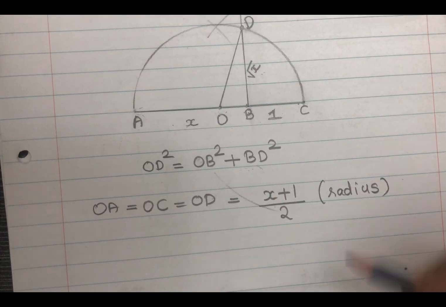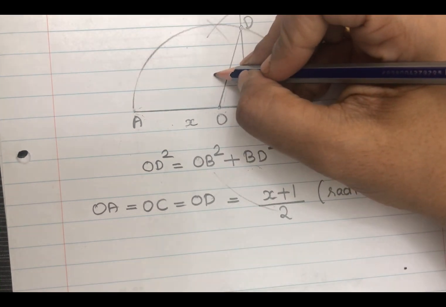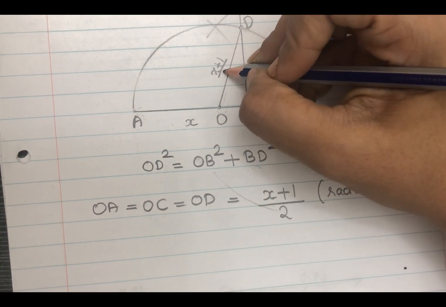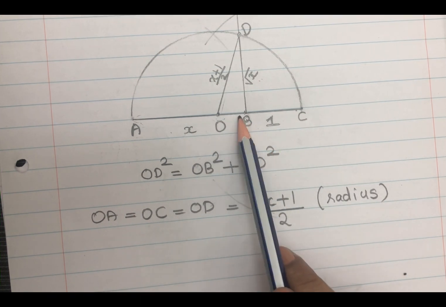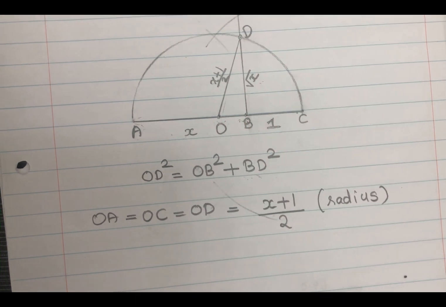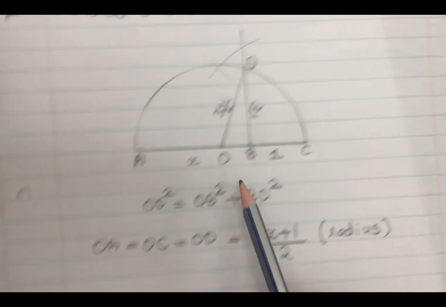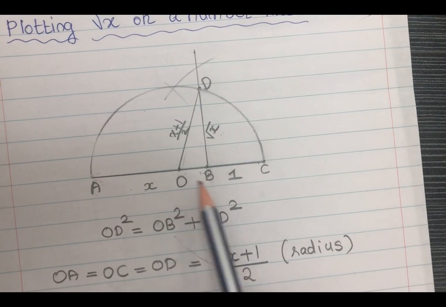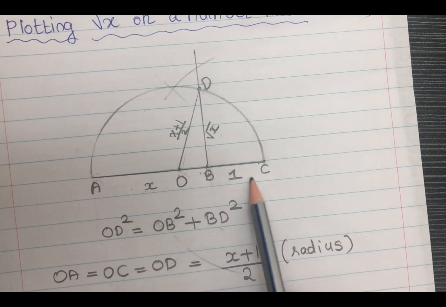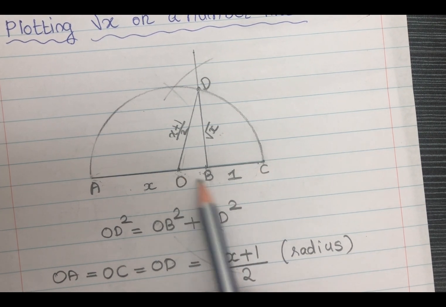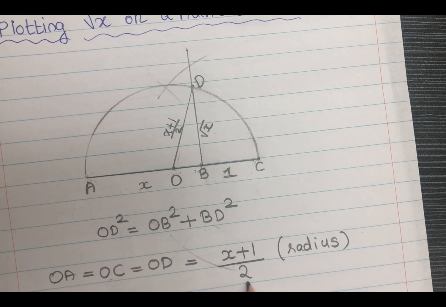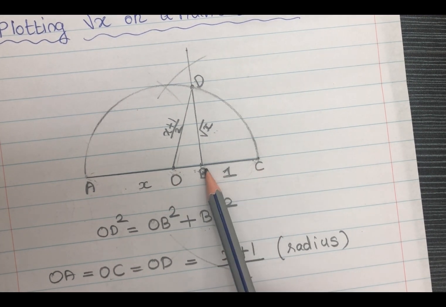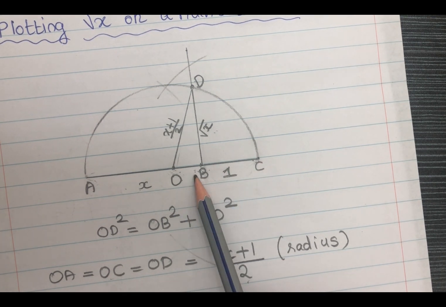So now OD is (x plus 1) by 2. Now we need to find OB. See, look carefully at this picture. We have OC, which is the radius, (x plus 1) by 2. From OC, if we subtract BC, we'll get OB, right?